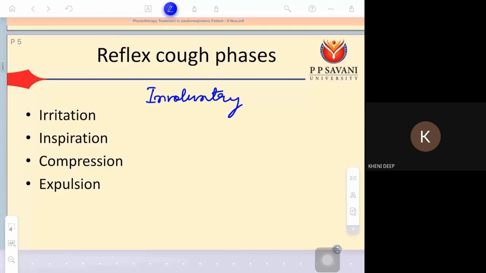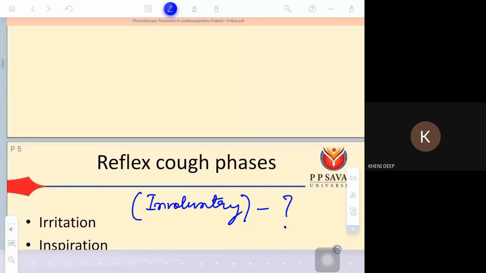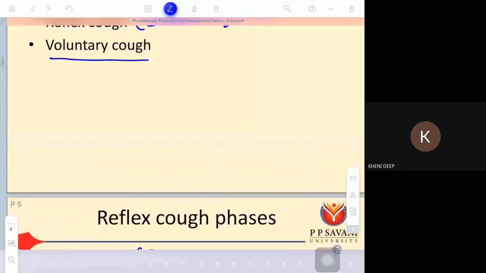It has four phases: irritation, inspiration, compression, expulsion. Okay, what is the indication for involuntary cough? We will discuss that later.